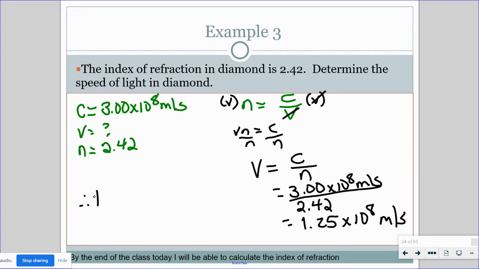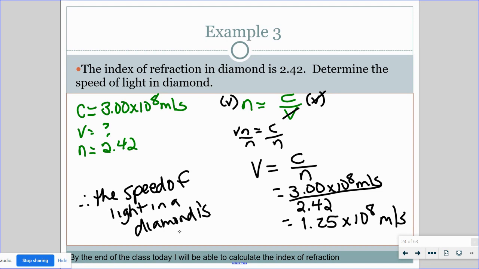So therefore, the speed of light in diamond is 1.25 times 10 to the 8 meters per second.